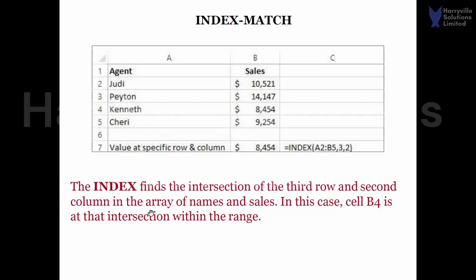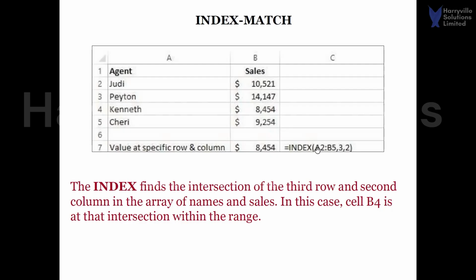Using index will show you the content of the cell. Now, index is showing me that Kenneth's sales is $8,454. The index will find the intersection of the third row and second column. Using the index function, you say equals index.